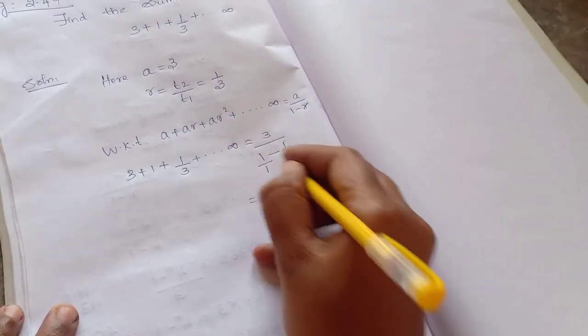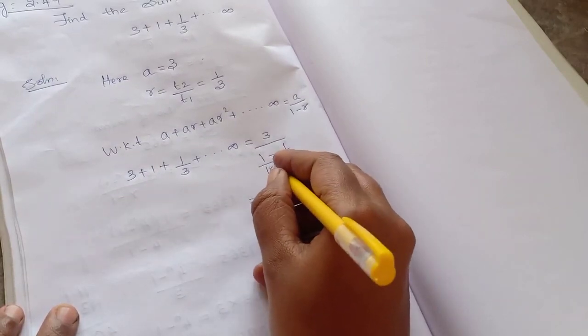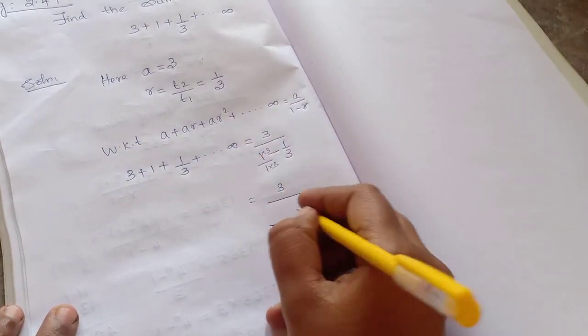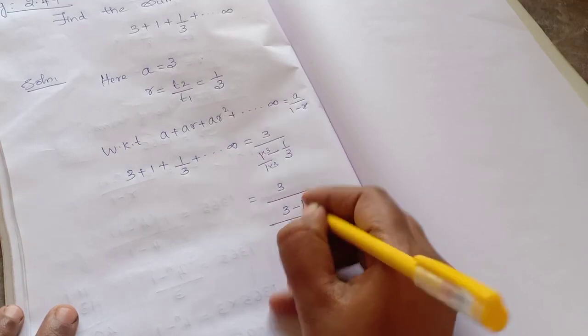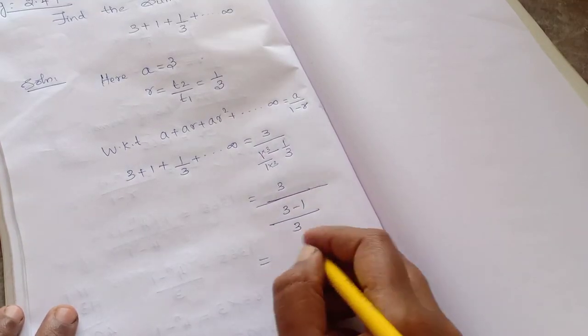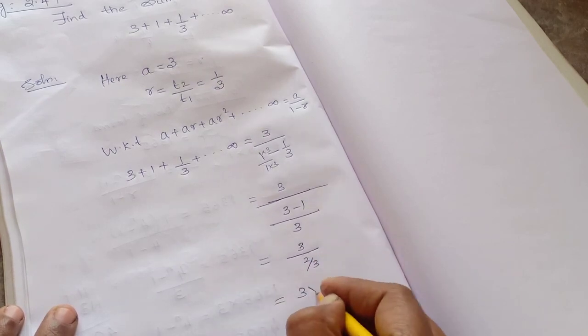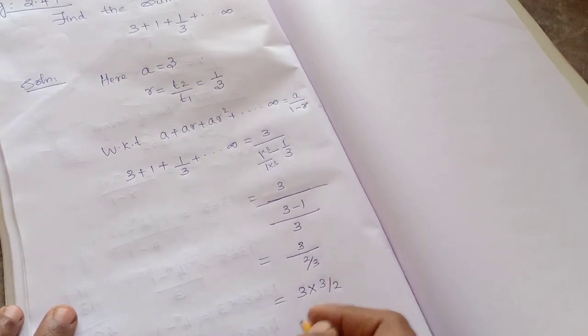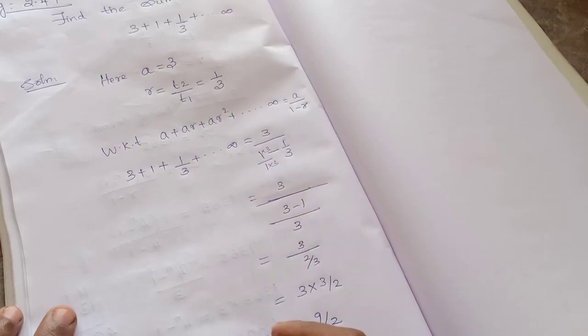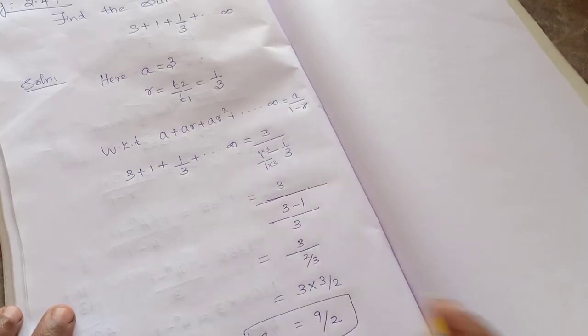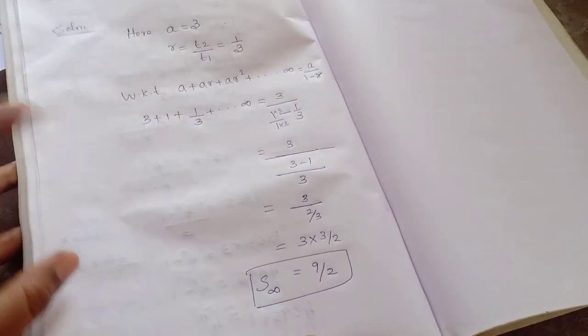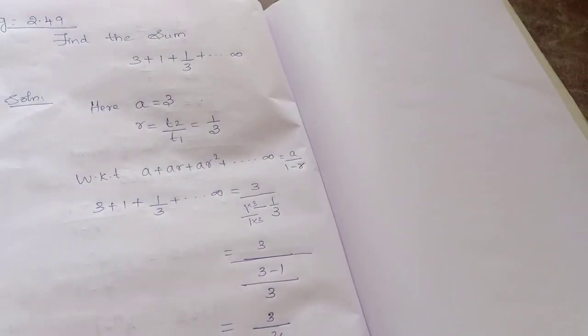Just take the LCM: 3 by (3 minus 1) by 3, this is a whole division. So 3 by 2 by 3. So 3 into the reciprocal, 3 by 2, which is equal to 9 by 2. So S infinity is equal to 9 by 2. Got it, students? Very simple problem. Shall we move to the next problem now?